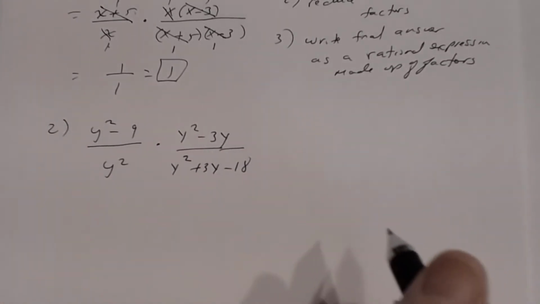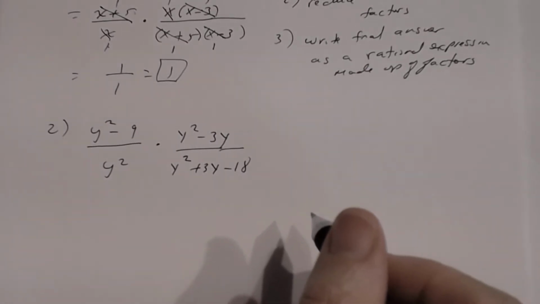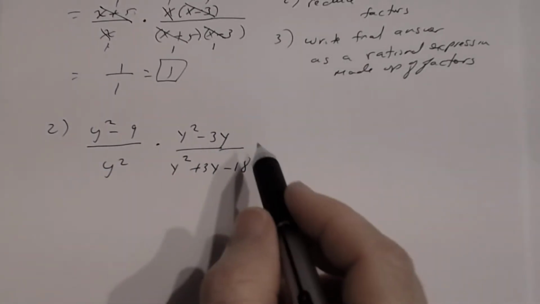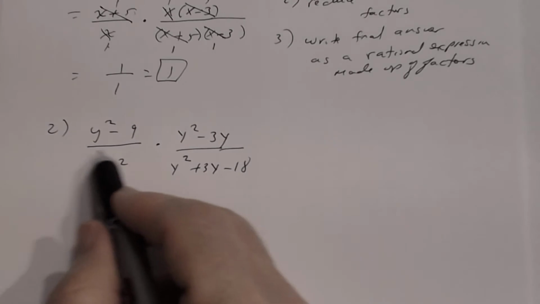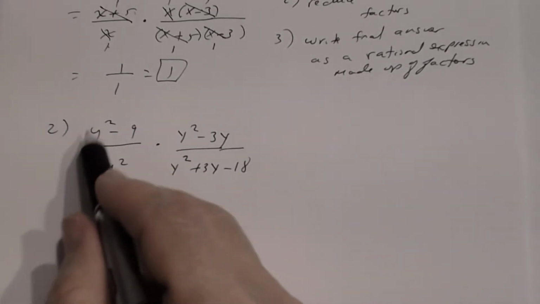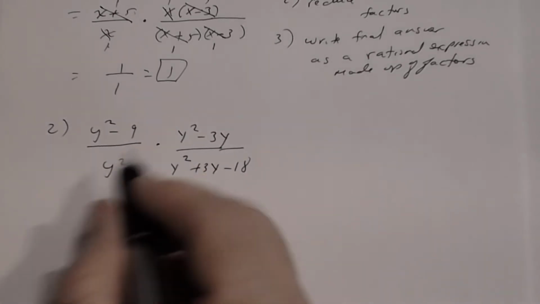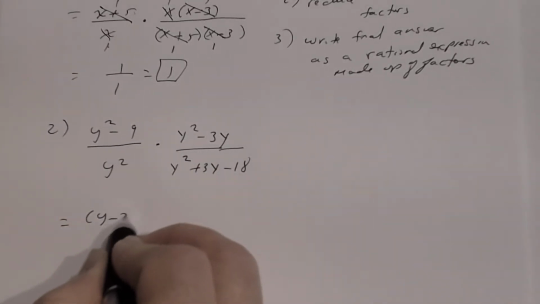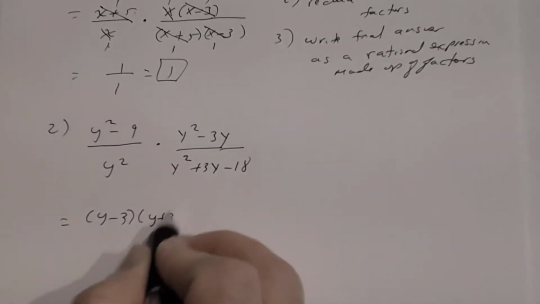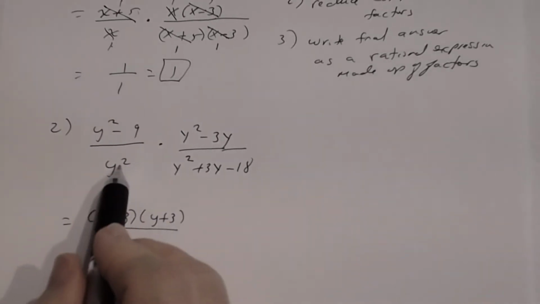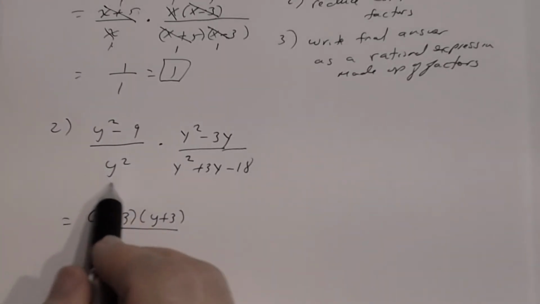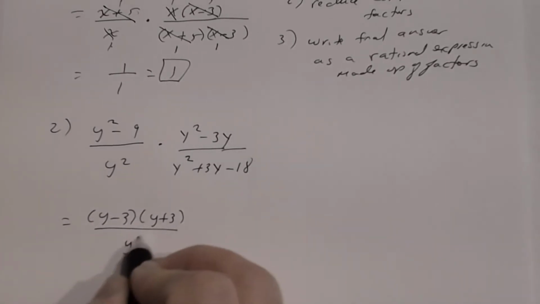Again, the first thing you're going to do is factor all polynomials. The numerator here is the difference of 2 squares, so I can factor that as y minus 3 times y plus 3, divided by the denominator, which is a monomial factor, so I'm going to leave that alone.